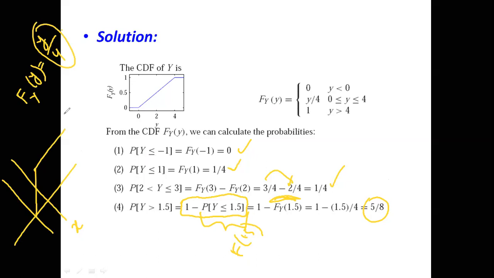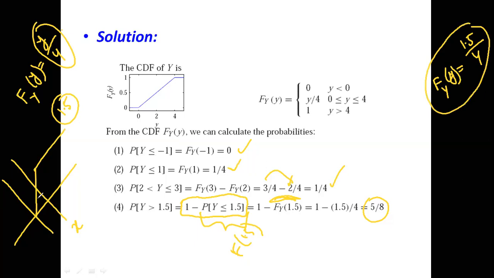Since 1.5 is a value between 0 and 4, the CDF at 1.5 we can easily find using 1.5 divided by 4. That is the area of this one. Is it clear? Yes, sir. Then we put it in and find 5 by 8. Okay?